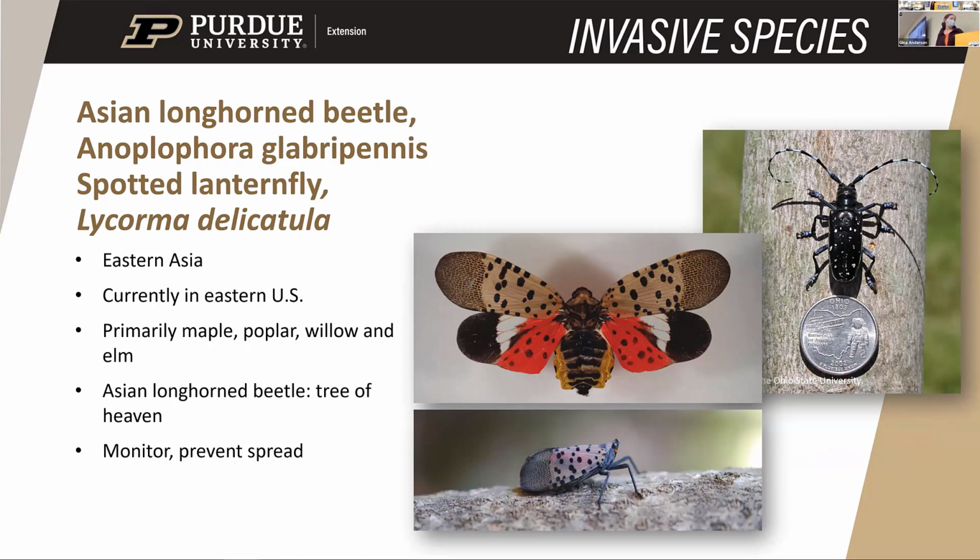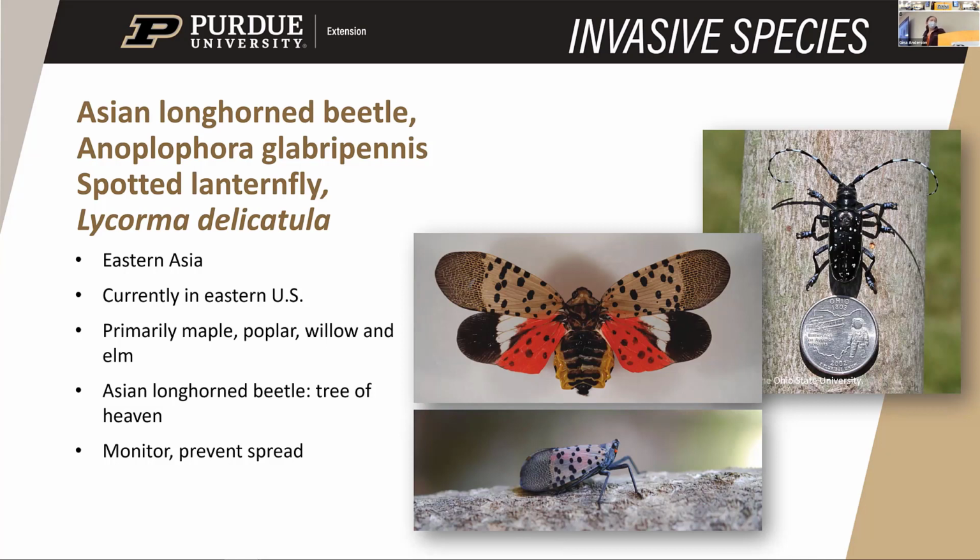They are native to Asia, primarily China and Korea. They were first discovered in Brooklyn, New York in 1996 and are currently found in New York, New Jersey, Massachusetts, Illinois, Ohio, and Ontario. So they're kind of sporadic in their distribution.